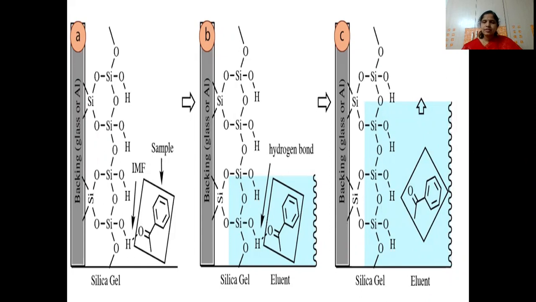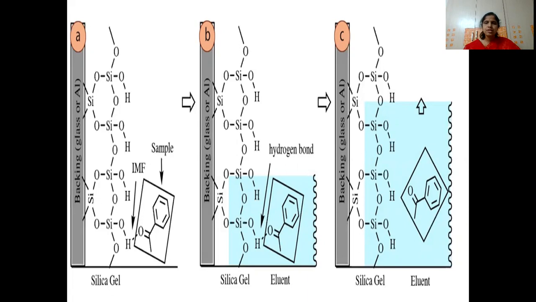Otherwise, if the intermolecular forces between the stationary phase and the sample are strong, we say that the sample has more affinity towards the silica gel. If the forces are strong or it has more affinity, then the distance traveled by the sample is very less.